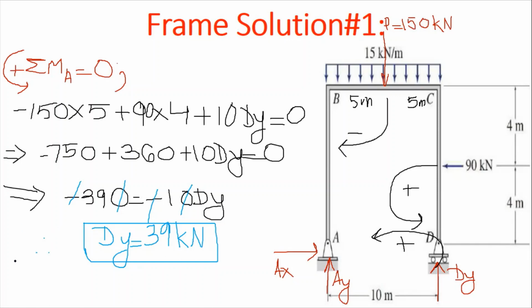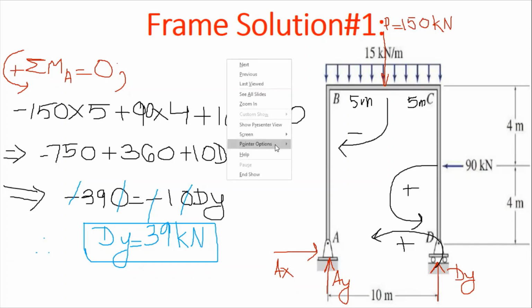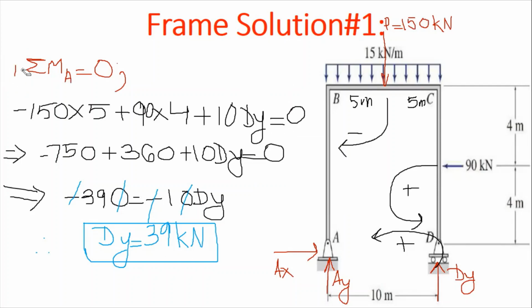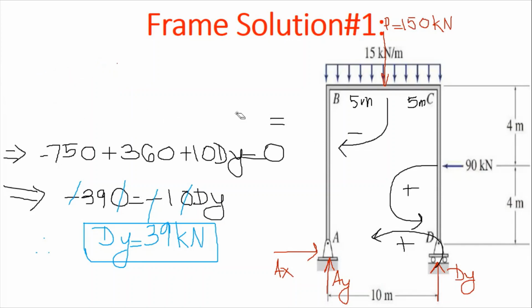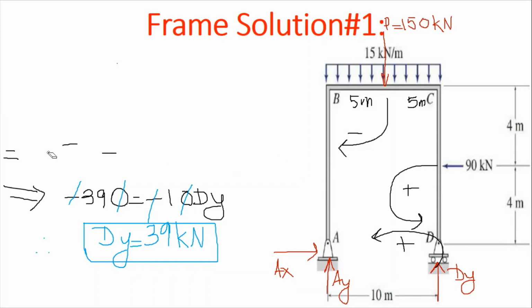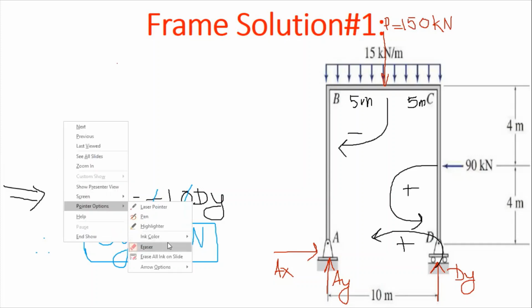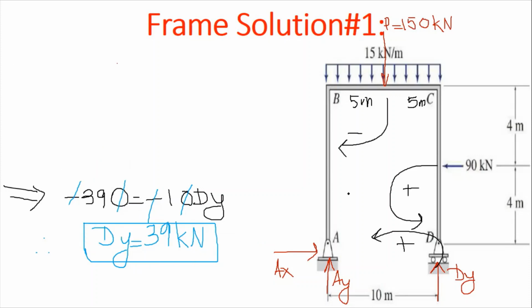So how can I do that? May I rub this? Hopefully it will be clear to all of you. And dy we are getting 39 kilonewton. So I am going to rub this one. Okay, next, for example, I am going to sum up vertical forces here.